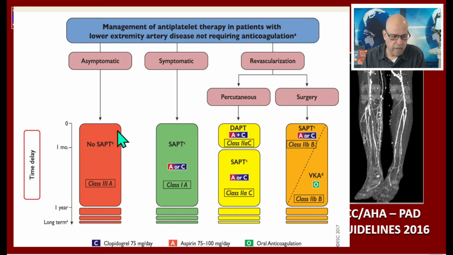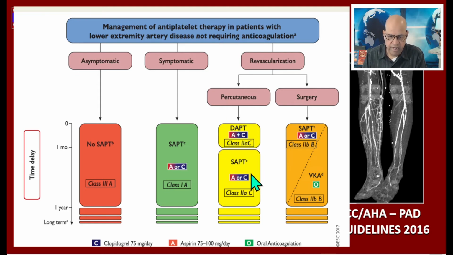Asymptomatic patients, no antiplatelet agents are recommended. Symptomatic patients, we can have a single antiplatelet agent, either aspirin or clopidogrel. Those patients who are going for revascularization, either through stent placement or surgery, they need to be on dual antiplatelet agents.